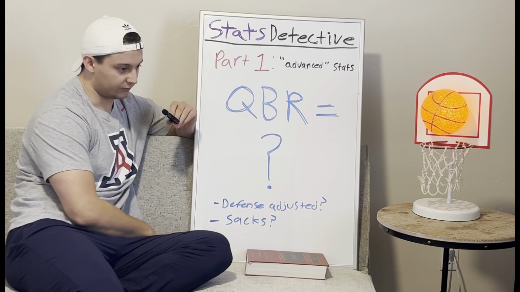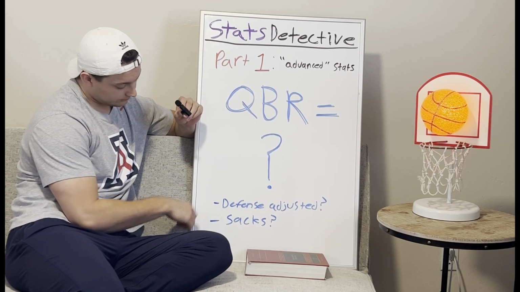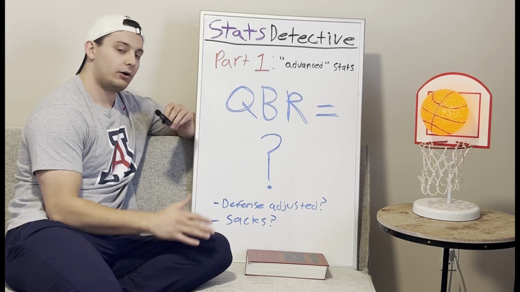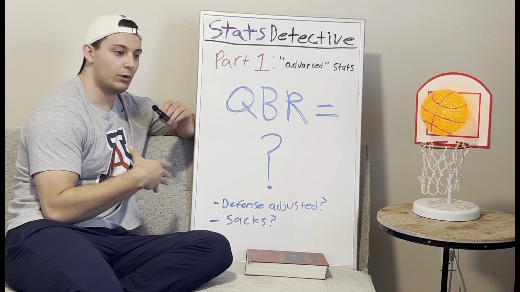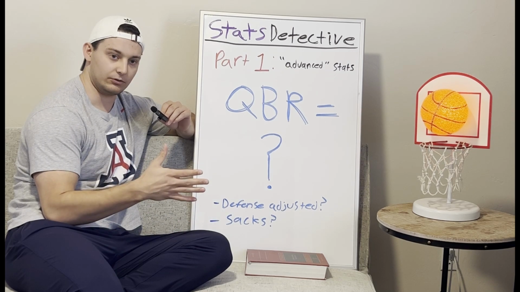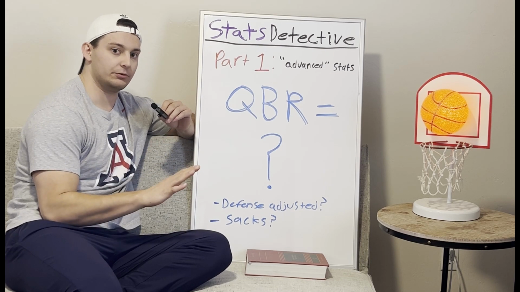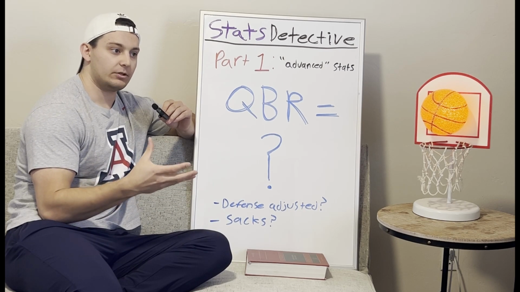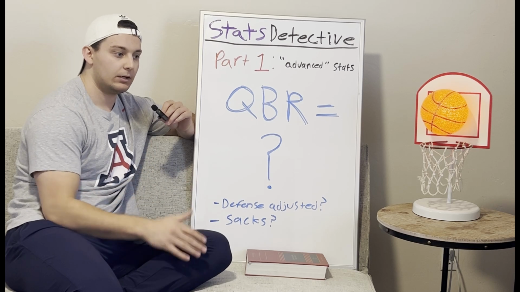So I have heard on various forums and from ESPN itself that it includes sacks in the calculation, and that it includes a defensive adjustment. There are problems with both of these things because now you're introducing way more noise into the model than signal. Before, all of those factors were, at least to some degree, controllable by the quarterback, right? Depending on the throw a quarterback makes, that play might result in an interception or not.